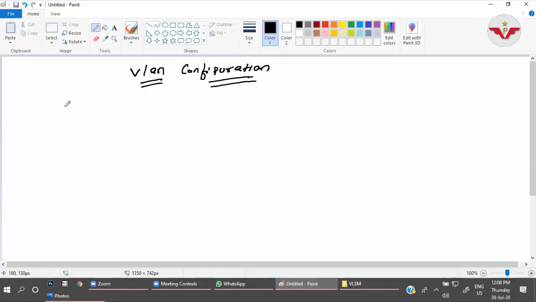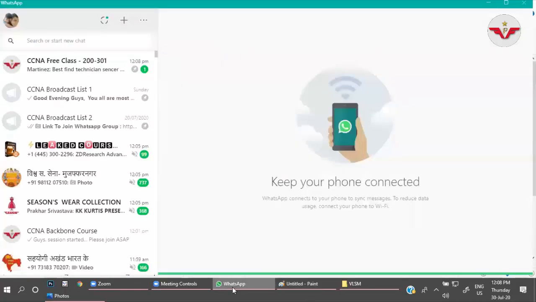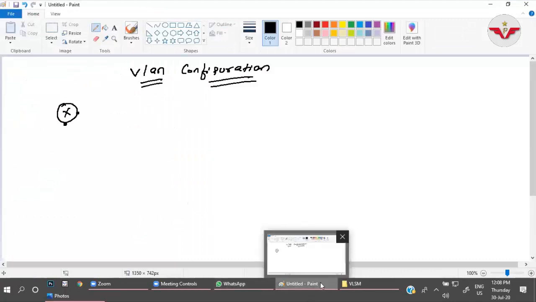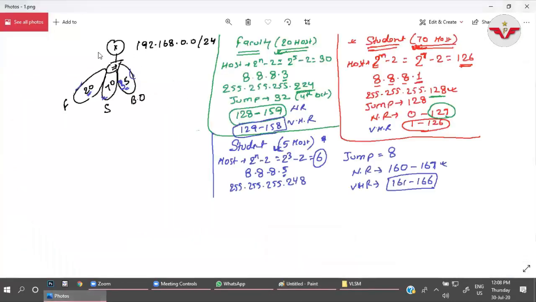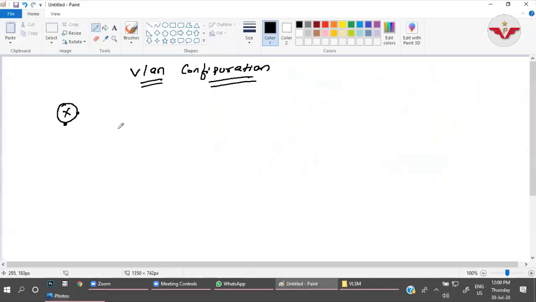The first one is, as we all know, on a router each and every port has a different network, right? Just think logical, it's a very simple thing. If we are segmenting our network into three different subnetworks, and a router has three ports, we can do that.